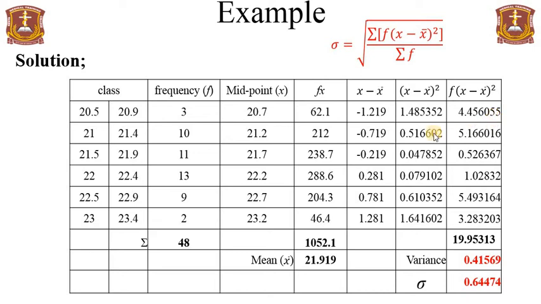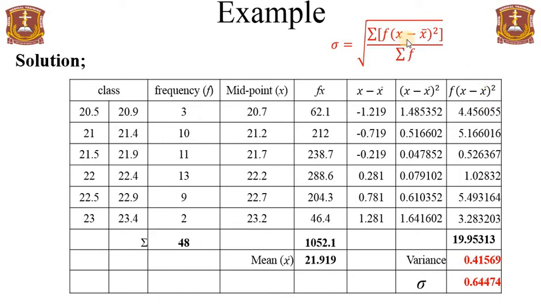Then the next thing is multiply this and 10, you'll find this. Multiply 0.047852 by 11, you find this, and so on and so forth. So that means we shall already have obtained a column for f into x minus x bar squared.